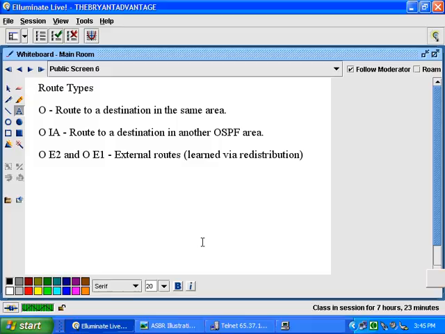It's either going to be in the same area as a router interface, it's going to be in another area, or it's going to be an external route. There really is no middle ground there. But it doesn't stay that simple. We've got some router codes that, frankly, you've got to memorize for the BSCI exam. I'm not going to sugarcoat it for you. You got to memorize these.